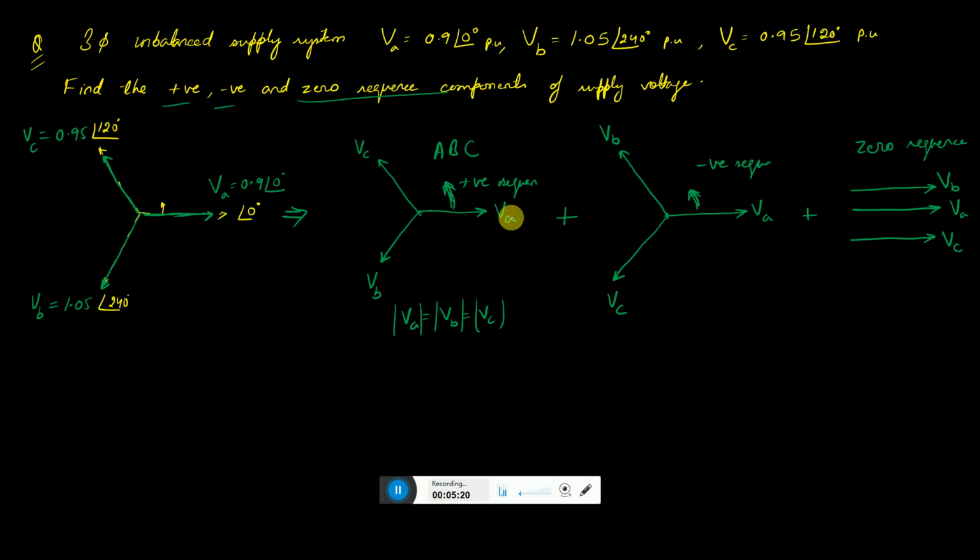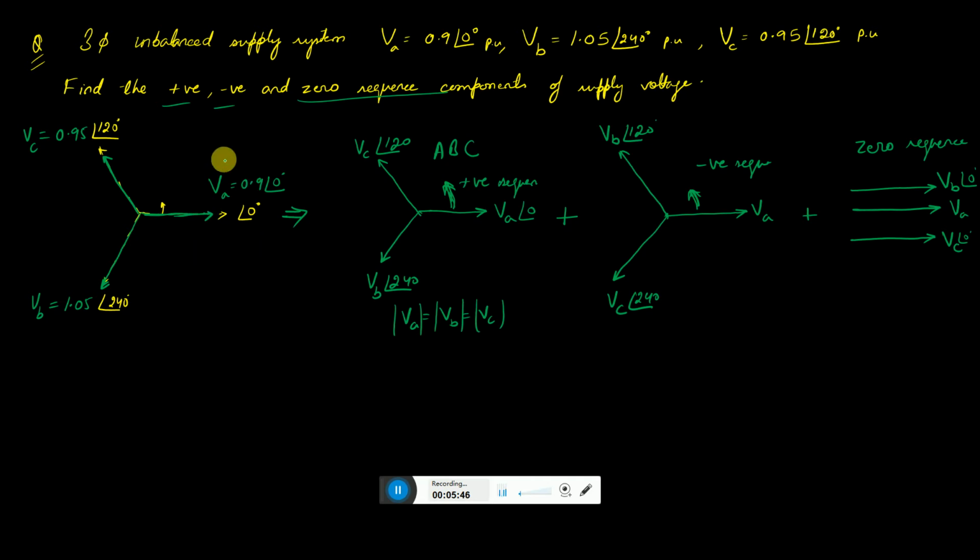Only the angles differ: A is at 0 degrees and B is at 240 degrees in the positive sequence, however in the negative sequence B is at 120 degrees, and in the zero sequence B is at 0 degrees. And C is at 120 degrees in the positive sequence, 240 degrees in the negative sequence, and 0 degrees in the zero sequence.